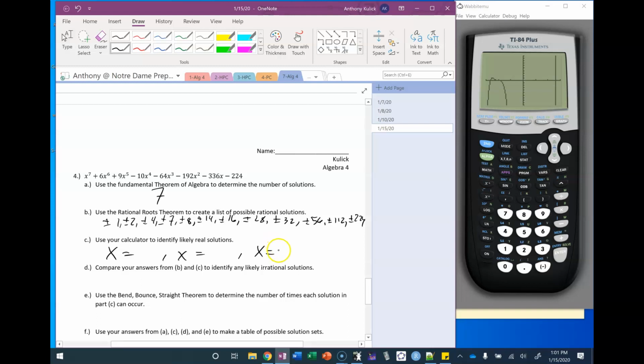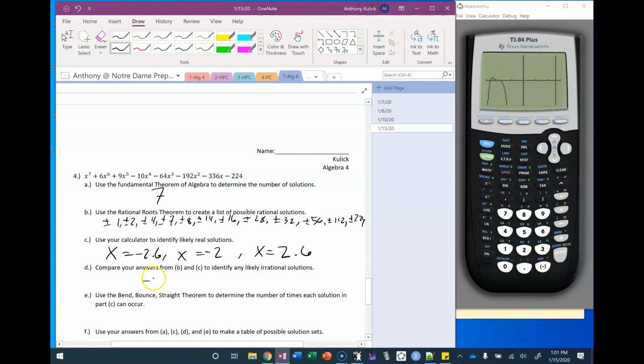That seem reasonable to you? Okay. And this one then is probably negative 2.6, the far left one. And then I'm guessing this one would be right here at negative 2. You buy that, everybody? Are any of those irrational?